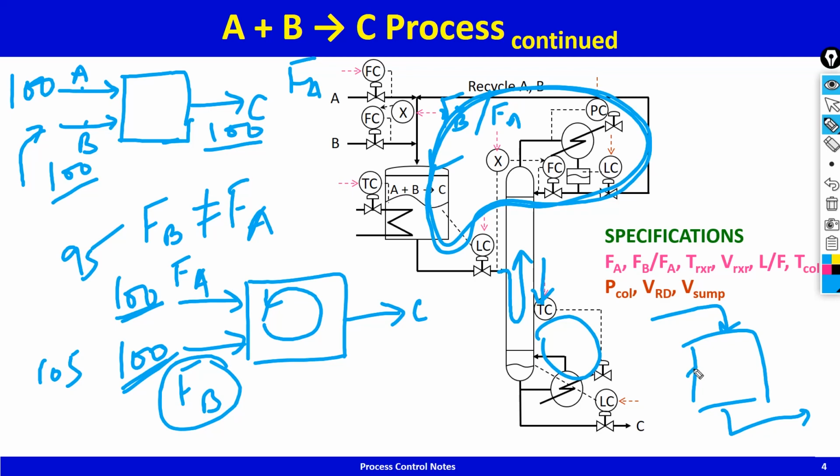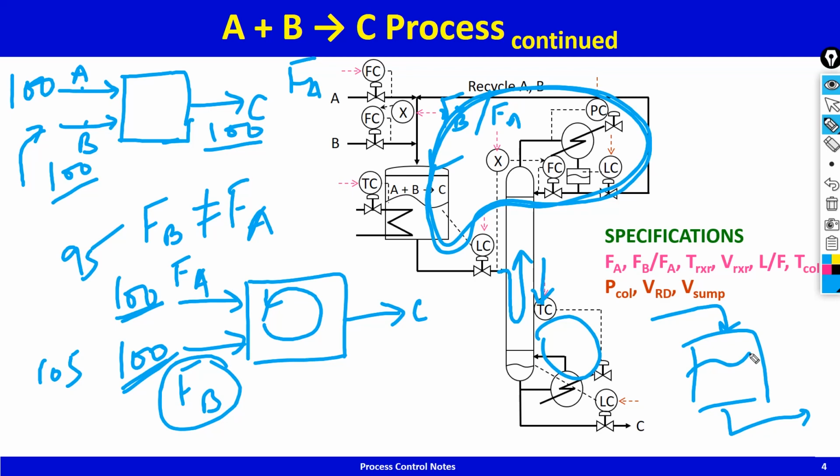Just like in a tank, if inflow is not equal to outflow, the tank level is drifting all the time. So it's the same phenomenon. The tank example is trivial, and this phenomenon is the need to stoichiometrically balance the fresh feeds. The fresh feed should be fed in a manner such that the reaction stoichiometry is perfectly satisfied. This is a material balance constraint, and my control system must honor it.